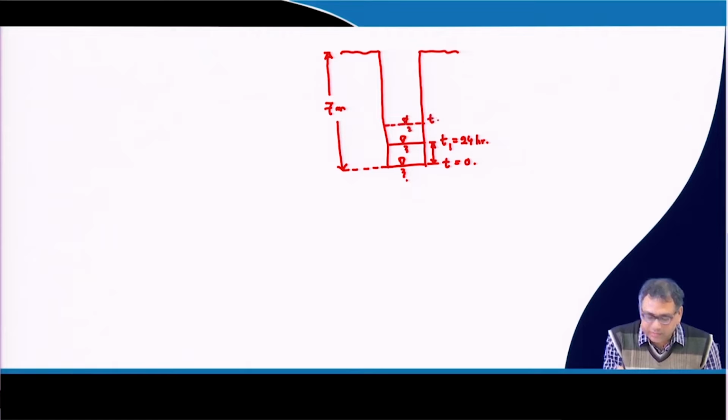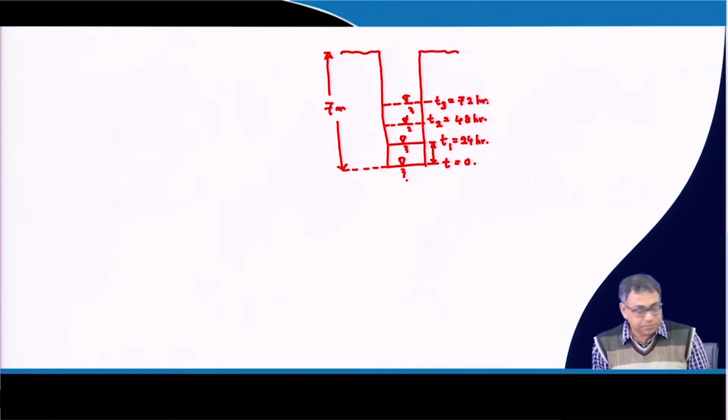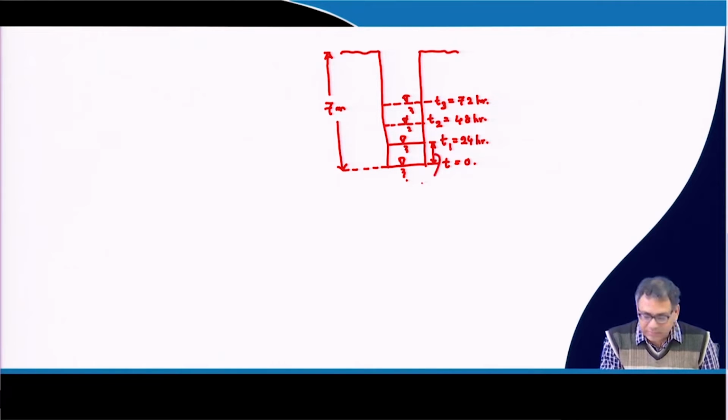Then at some time t 2, say 48 hours, and then t 3 for 72 hours and so on. And then this distance is del h 1, which is say 0.9 meter, and del h 2 is another distance.